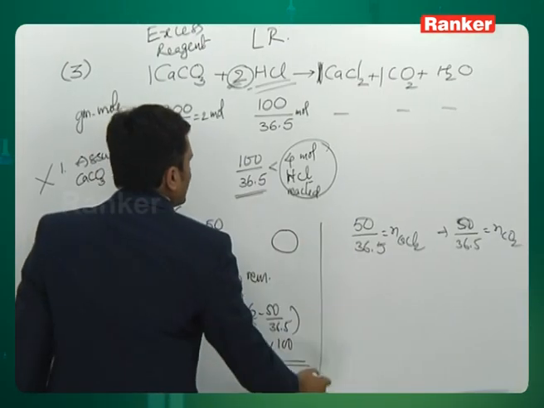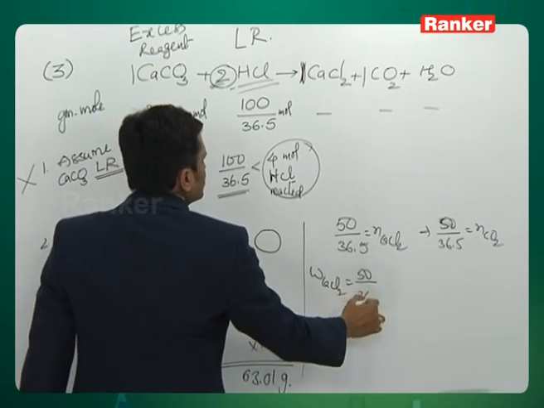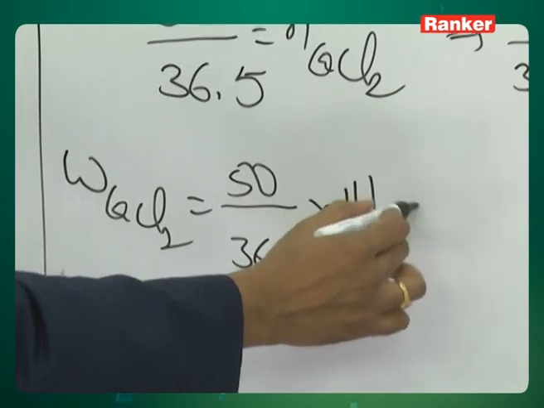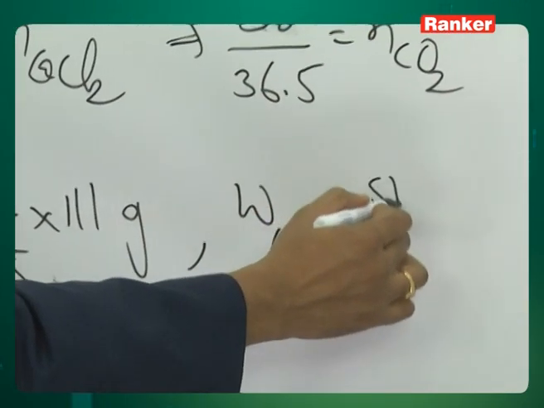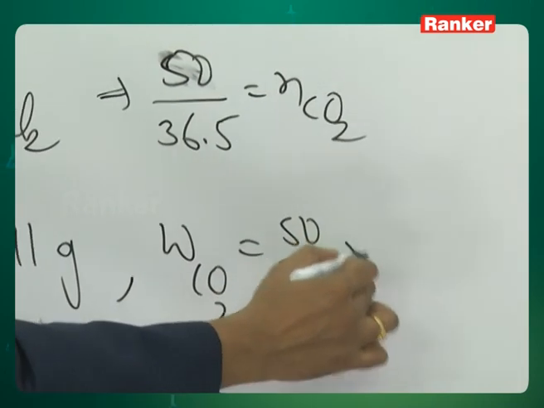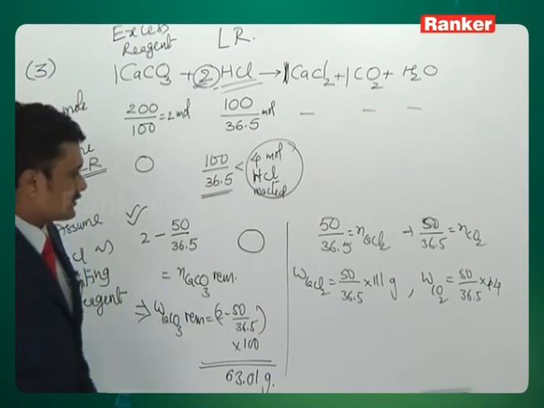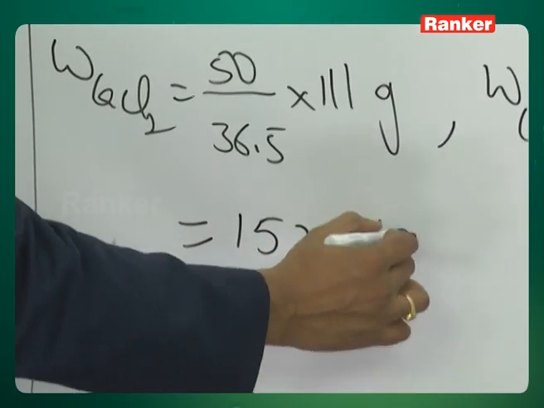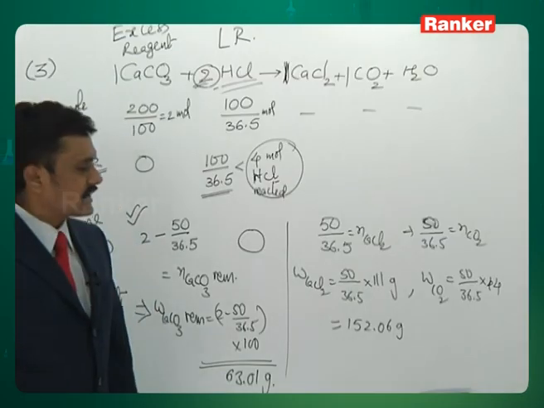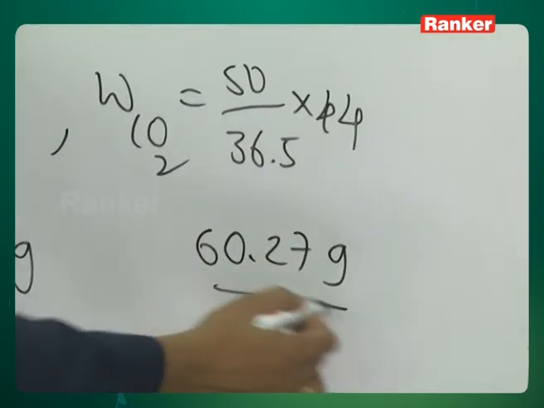So in order to find the weight of CaCl2, I have to multiply the number of moles of CaCl2 with the molecular weight, and to get the weight of CO2 I have to multiply its moles with the molecular weight of CO2, that is 44. After your simplification or calculation you will get somewhere around 152.06 gram of CaCl2 and 60.27 gram of CO2 as your final products.